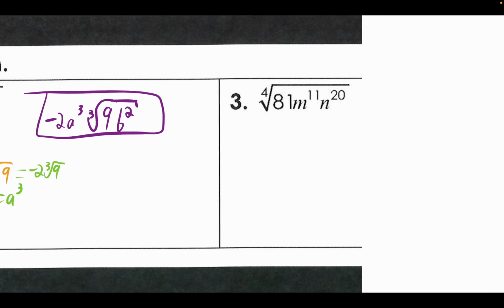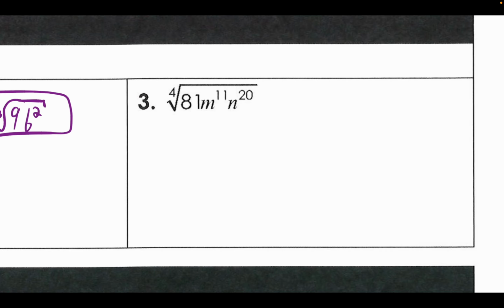On to number 3, same idea, but 4th roots. So 4th root of 81, 4th root of m to the power of 11, and 4th root of n to the 20th. So look for biggest perfect fourths that are factors of 81, and we're like, oh wait, 81 is a perfect fourth.